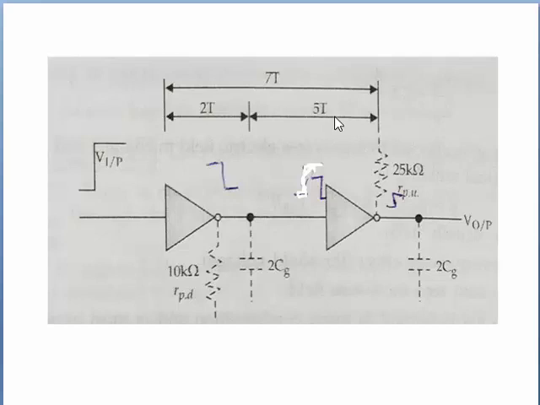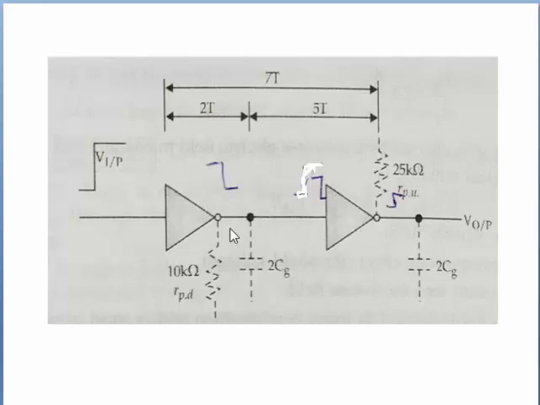So the total delay is 2t plus 5t, that is equal to 7t. We assume here the first inverter has an output delay of 2t, and the second 5t, and the total delay is 7t. To make it easier, we just connect the two CMOS inverters together in series.